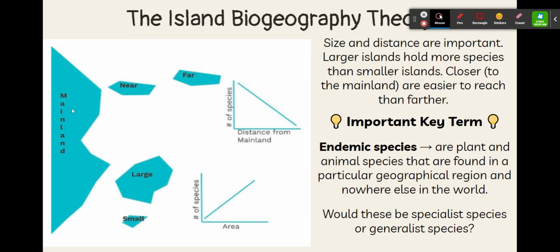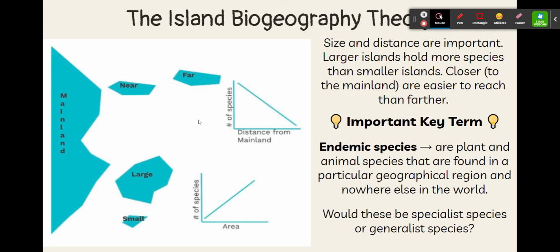So, okay, let's again decompact this theory. The island biogeography theory is essentially stating that islands that are closer to the mainland, and larger islands, will be more easily reached by emigrating.